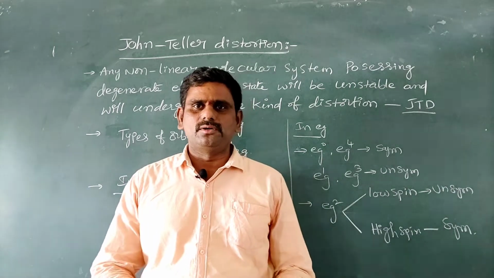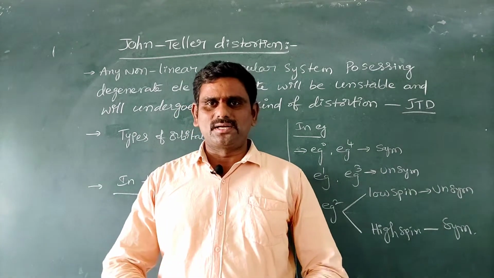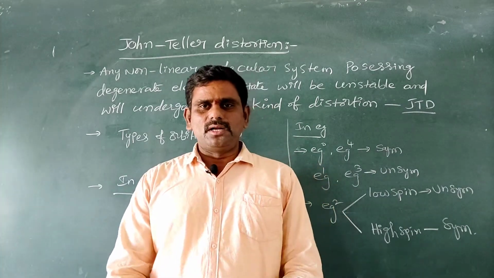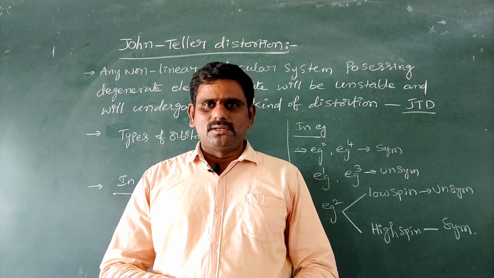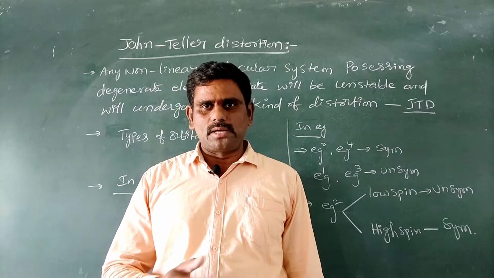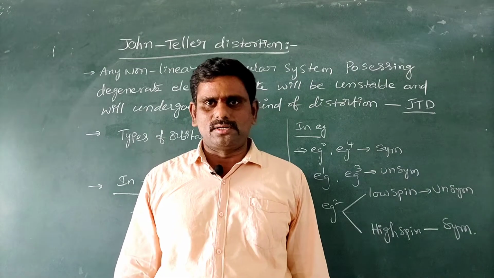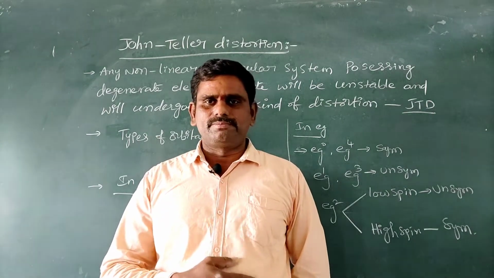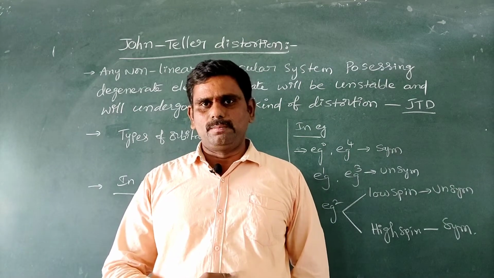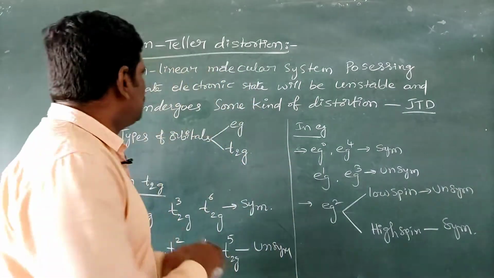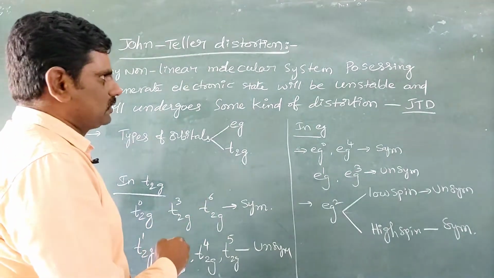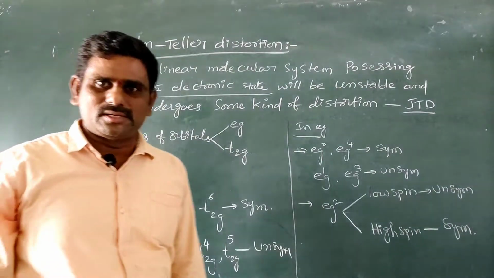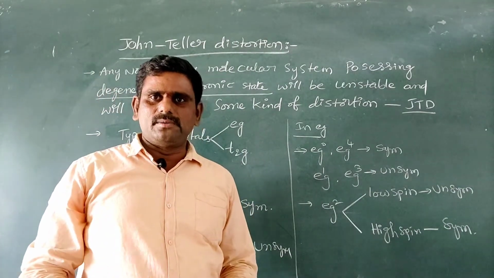Hello students, in this video I am going to explain to you about the Jahn-Teller distortion. We know that, as far as the geometry of molecules is concerned, molecules are divided into two types: linear molecules and non-linear molecules. Any non-linear molecular system possessing degenerate electronic configurations will be unstable.